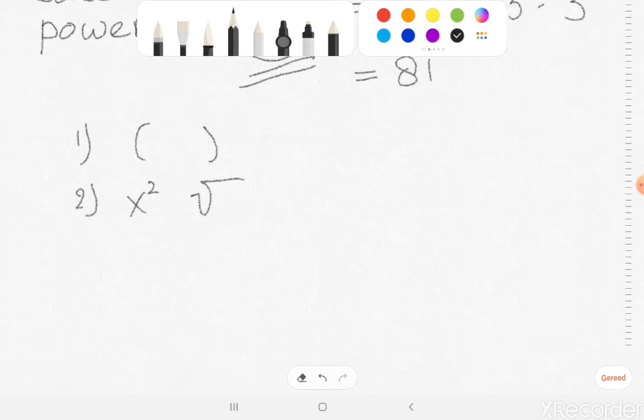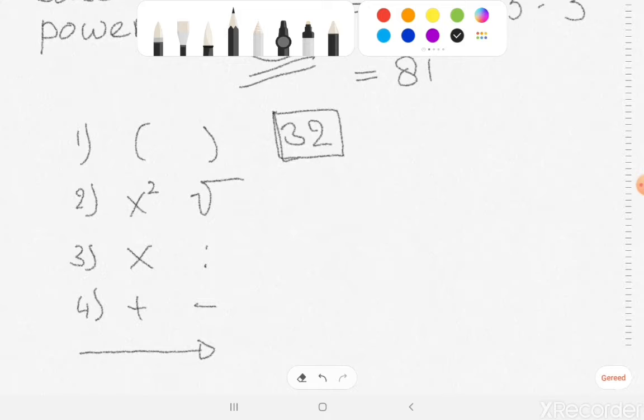Step number 3, we need to multiply, or divide. Step number 4, you need to add or subtract the numbers, and please do it from left to right in that order.